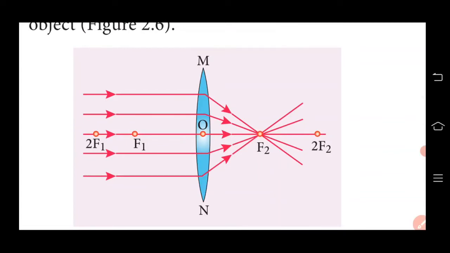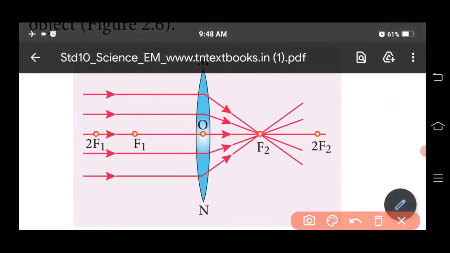So when the light rays come from infinity, the image is formed at the principal focus of the other side, and the size of the image is much smaller than the object.